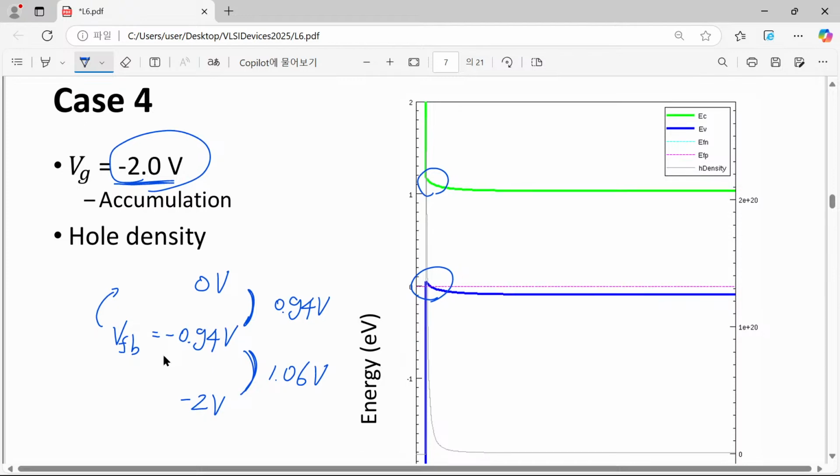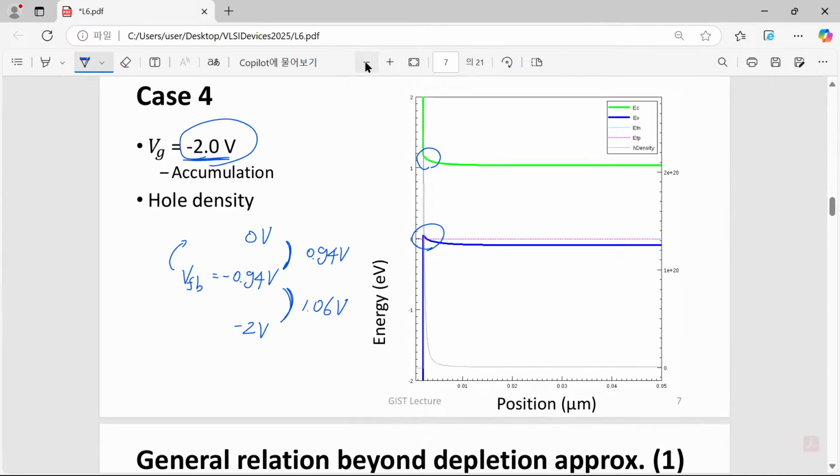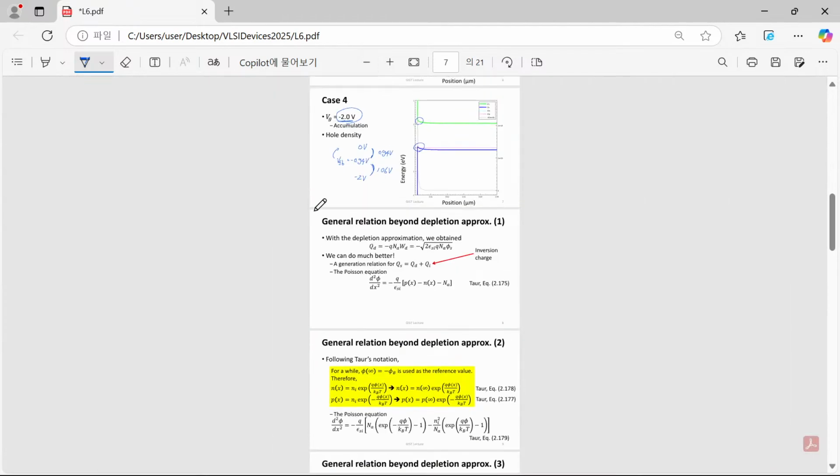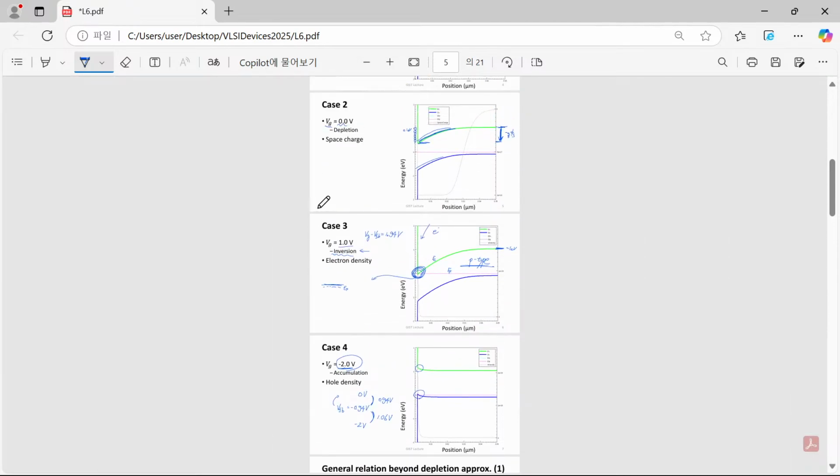So please try to make a comparison between our case 2 and case 4 simultaneously. So I will just adjust the scale. So now you can see there are case 2 and case 4. From my viewpoint, it looks like this.